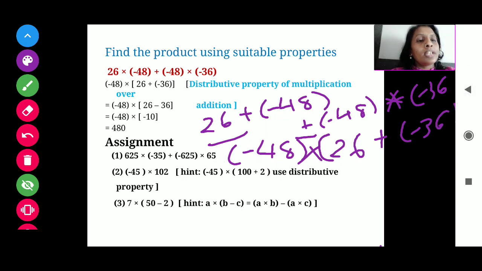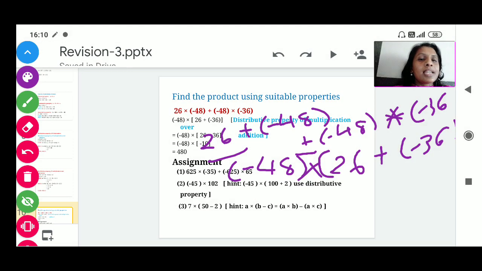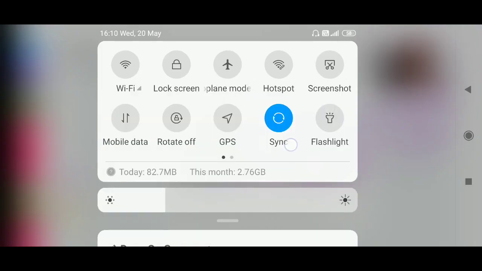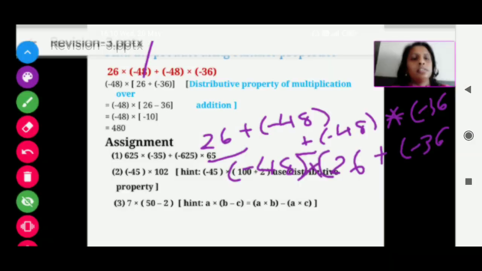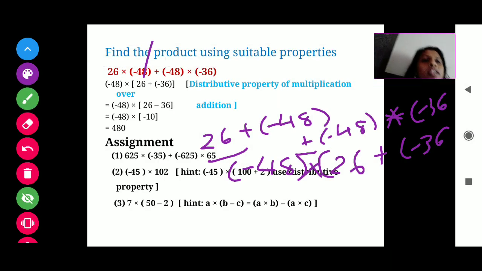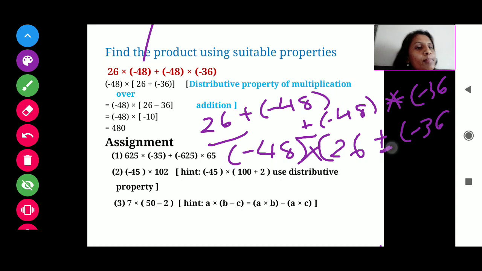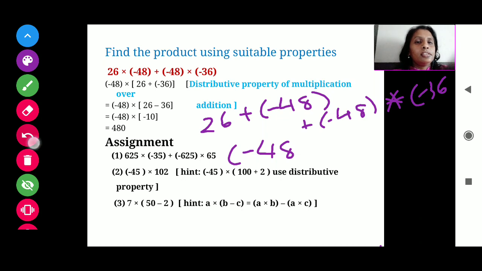So you know that plus and minus are there, so we have to write minus in the place of plus. So here it is like this: minus 48 in the bracket 26 minus 36. You can understand easily. So now it is so easy for our operations to complete.